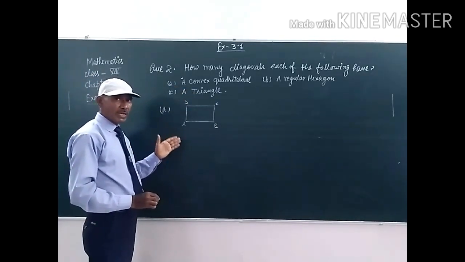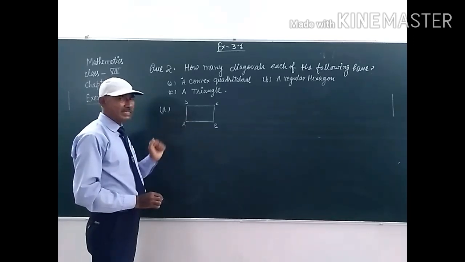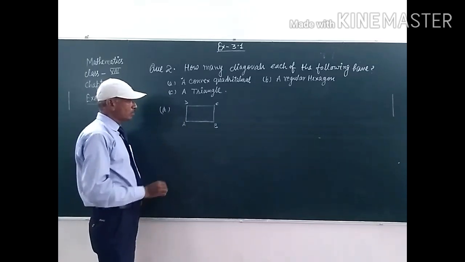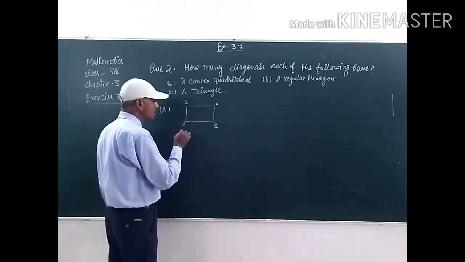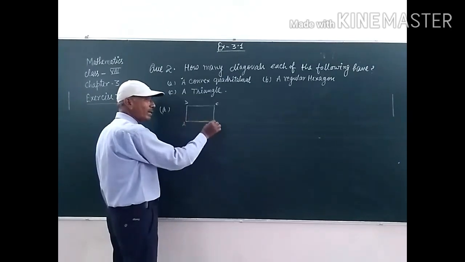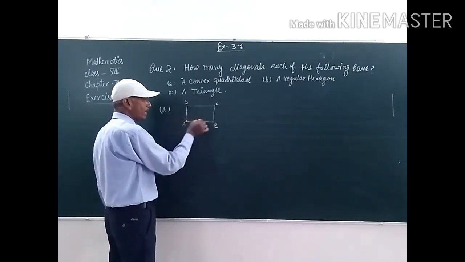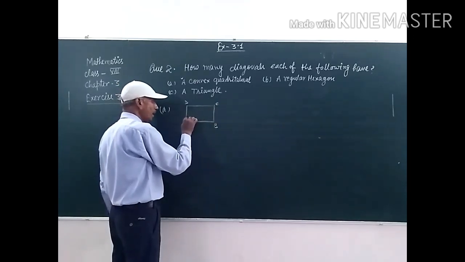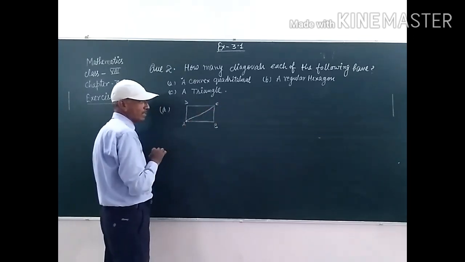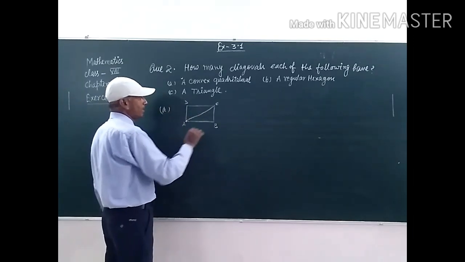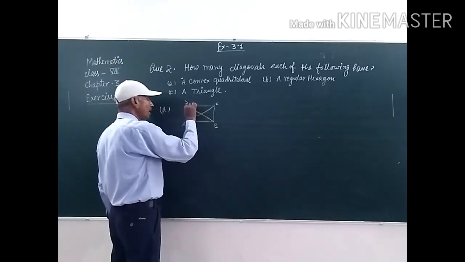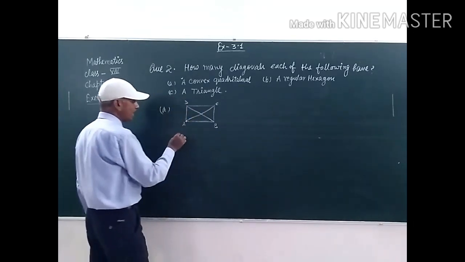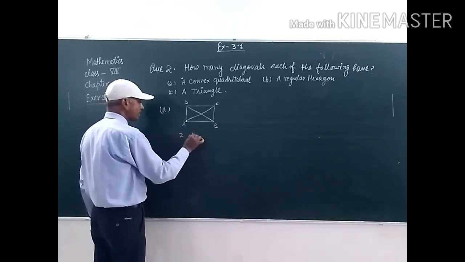A line that joins non-consecutive vertices of a polygon is called a diagonal. Non-consecutive means after one vertex, it joins another vertex. So A to C is a diagonal, and again B, D is a diagonal. So this quadrilateral has two diagonals.